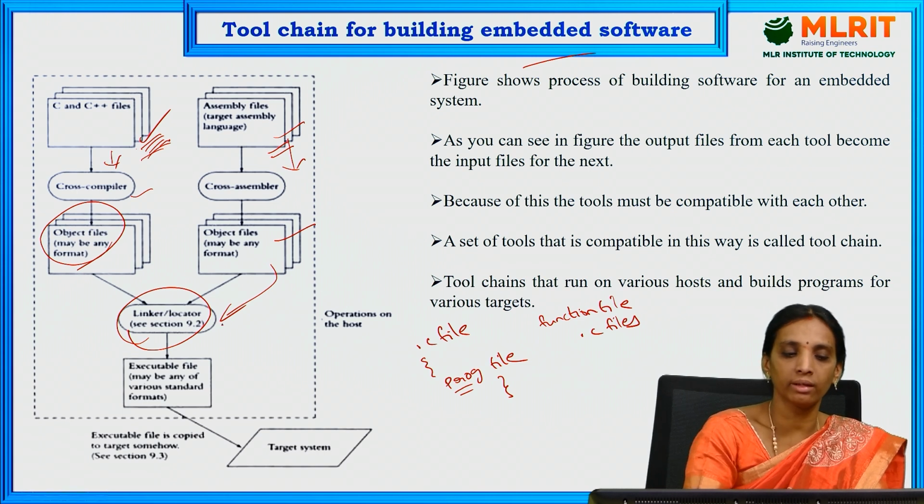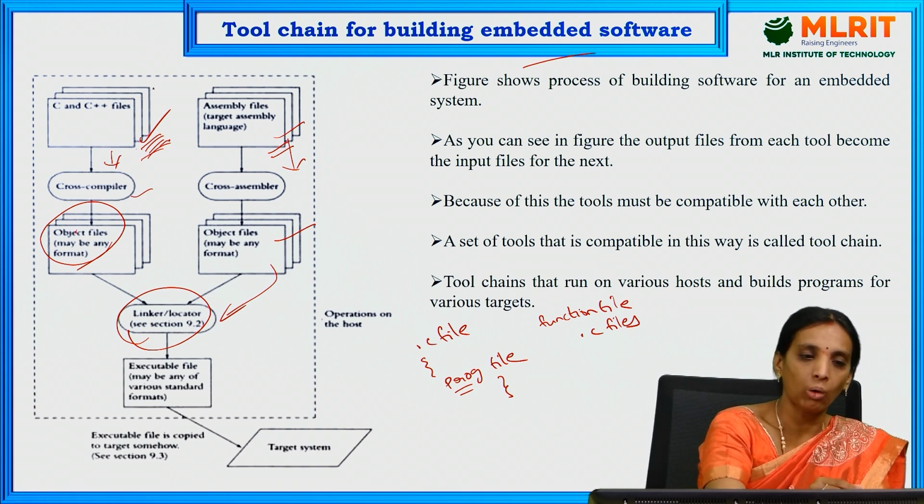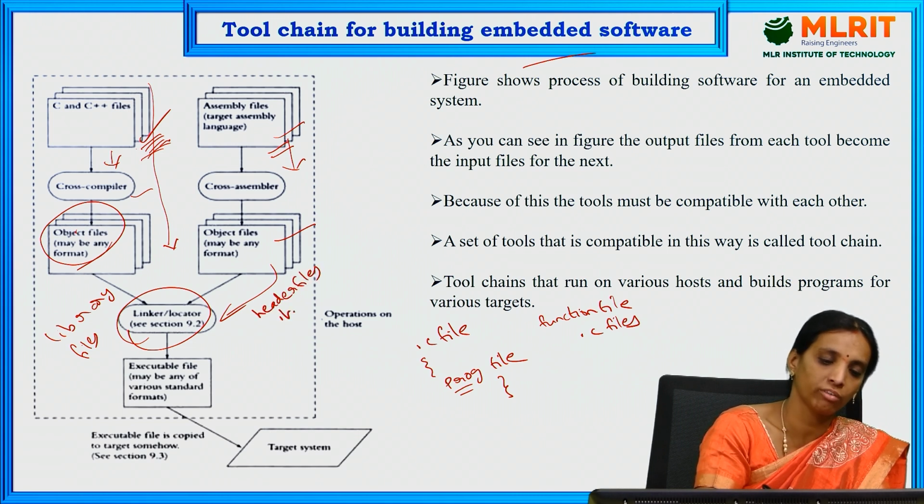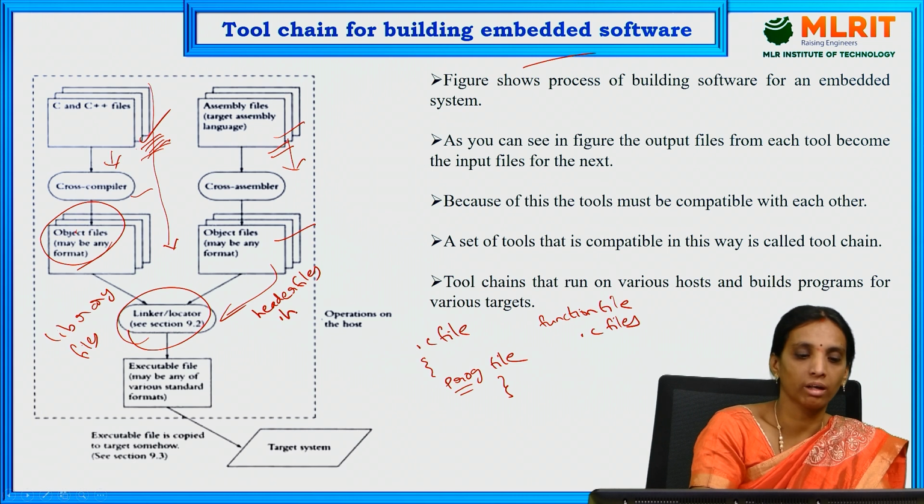Here this linker is used to link all these object files with the library files. In our embedded program, the header files, .h files, are all given to the linker.